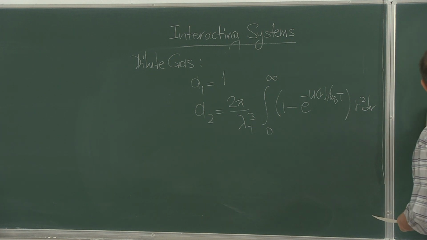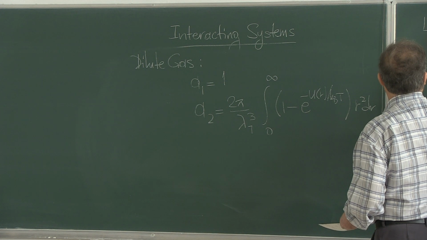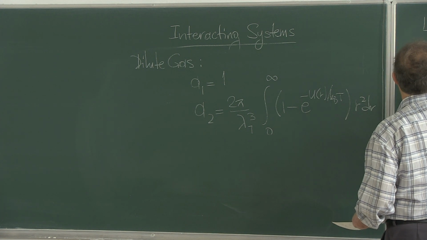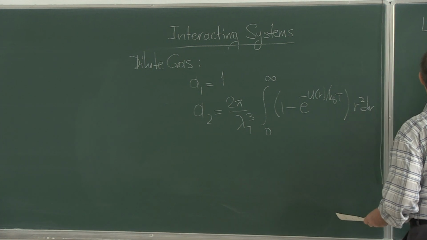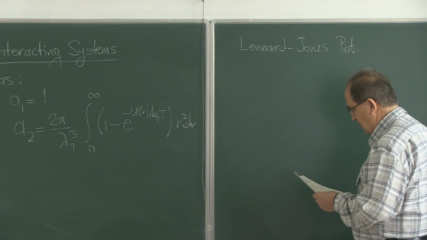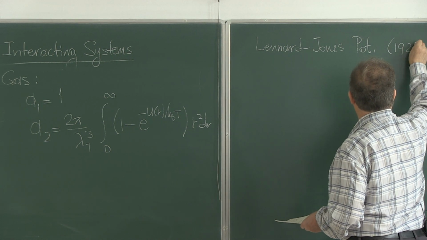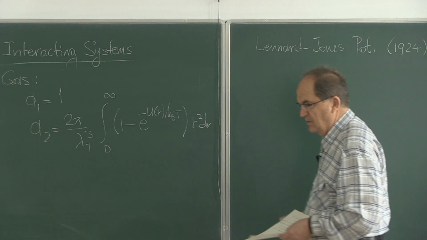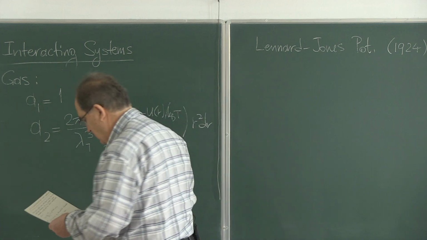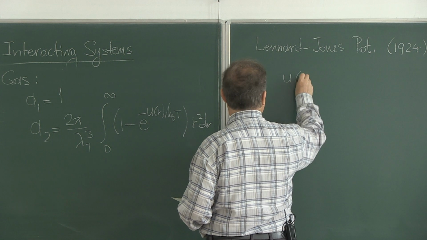And one model is Lennard-Jones potential. Let's assume it is of this form. This is coming from 1924. The potential has this form.